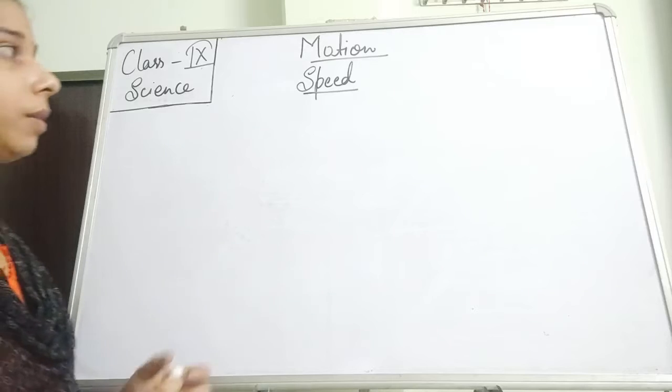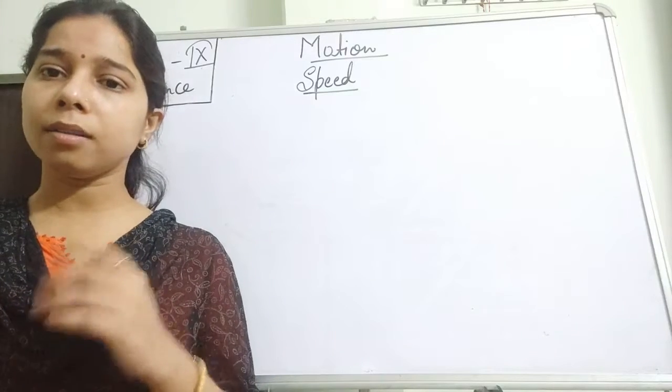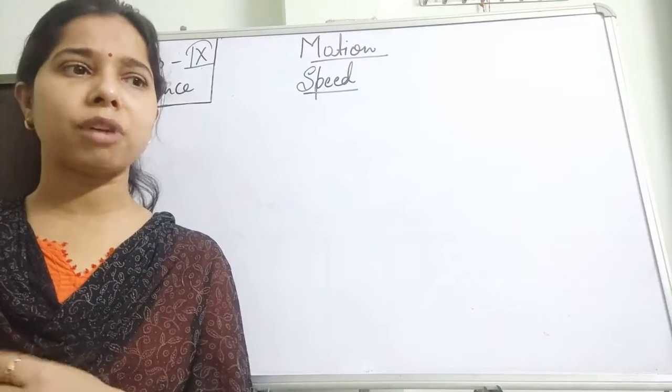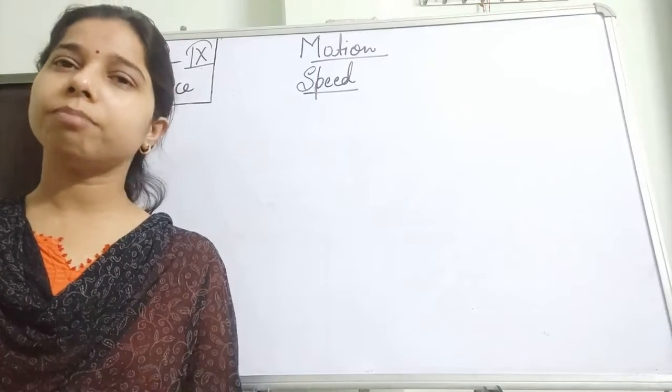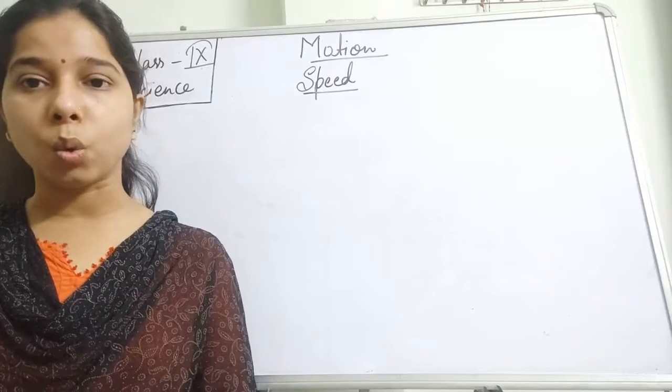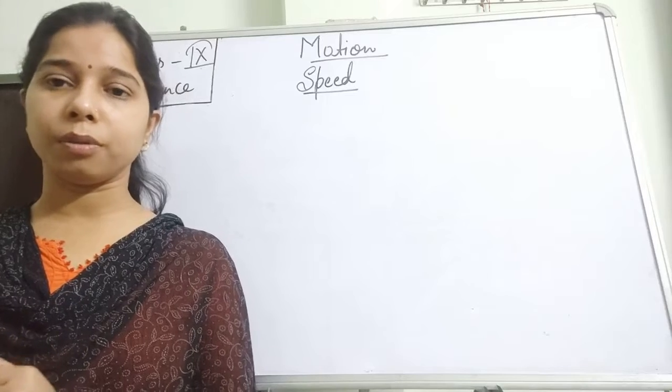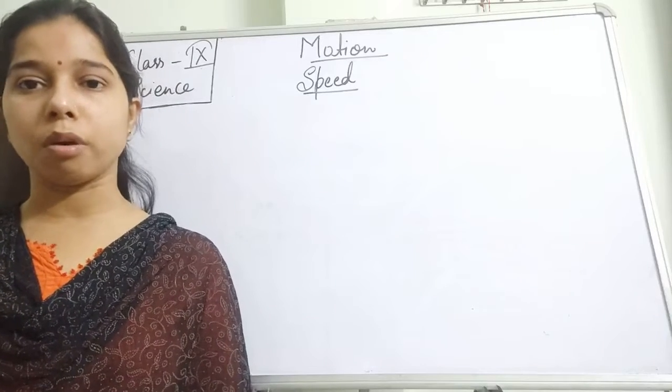Whenever a car is moving, you will say that the speed of the car is quite fast. It means it is traveling very fast. Or the car is moving very slow. Or the car is moving at an average speed, not very fast, not too slow either.